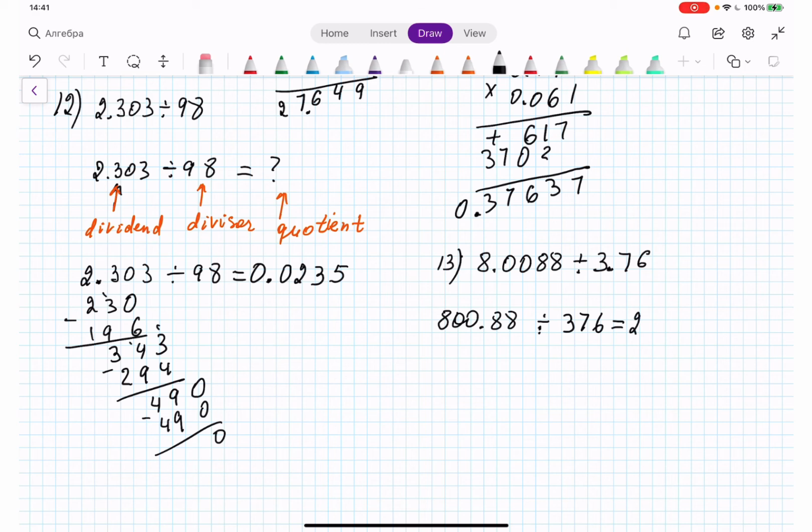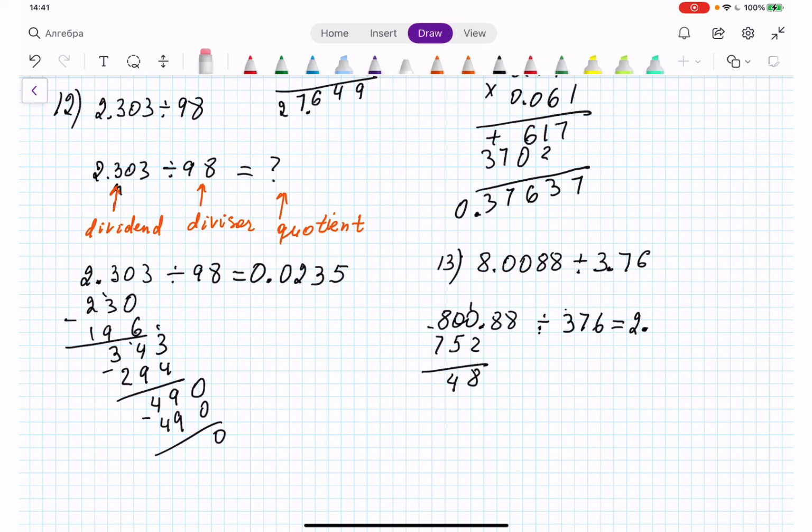Since this is where our decimal notation ends, I put the decimal point right here. 2 times 6 is 12, 1 in mind. 2 times 7 is 14, and 1 is going to be 15. It's still 1 in mind. And 2 times 3, it's going to be 6, and 1 going to be 7. Subtracting, 10 minus 2 is 8, 9 minus 5 is 4, and this is 0.